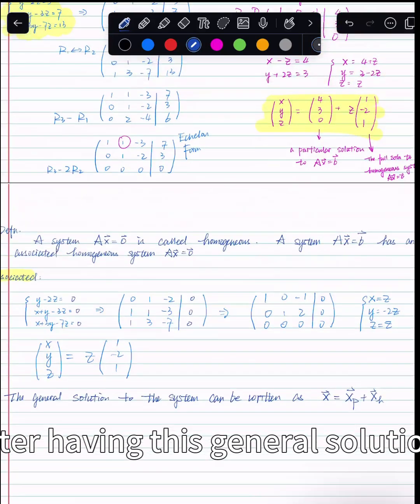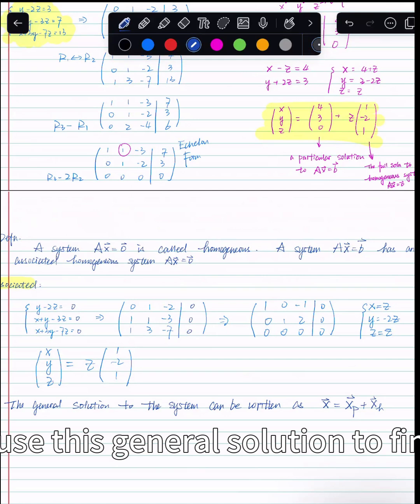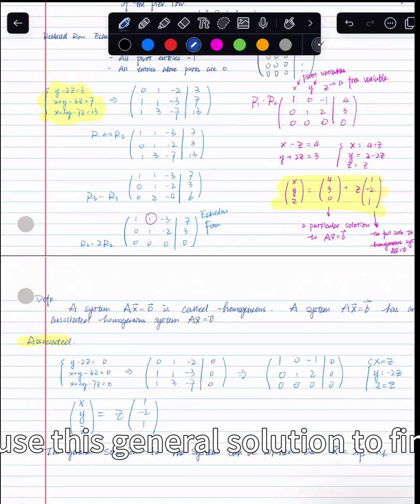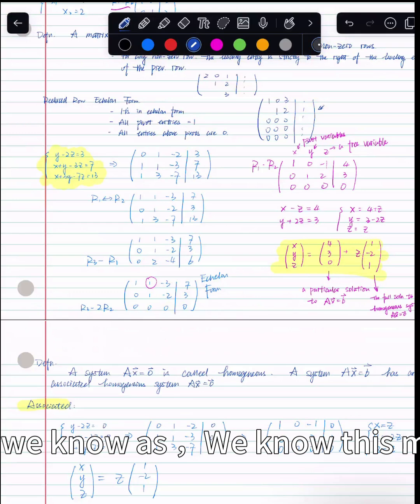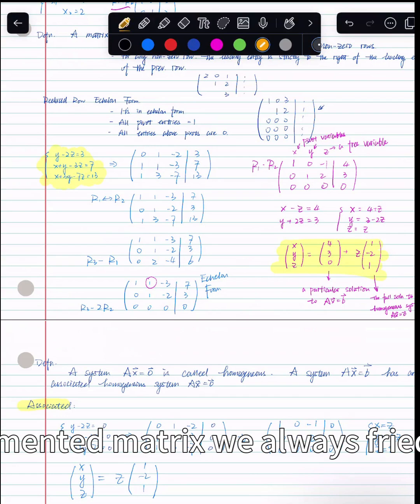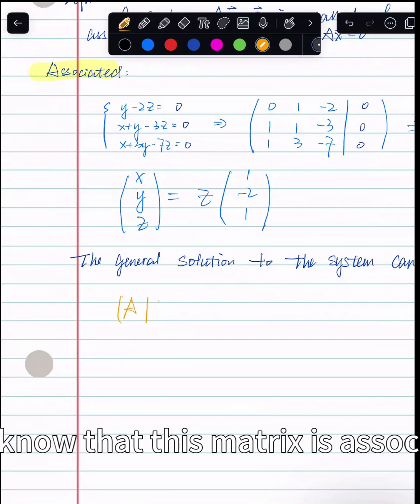So after having this general solution, last class we introduced the kernel. We can use this general solution to find the kernel of this transformation. As we know, our augmented matrix, we always write it as a matrix A on the left and the vector b on the right.